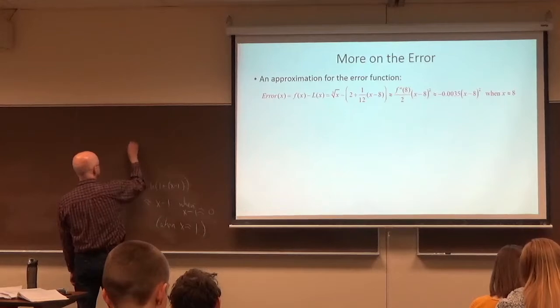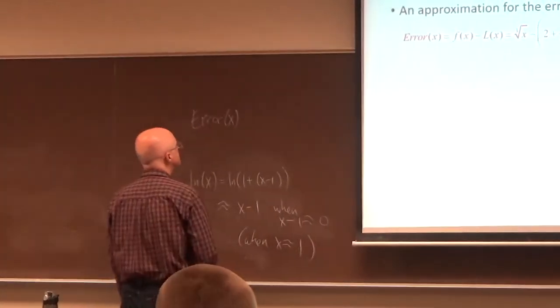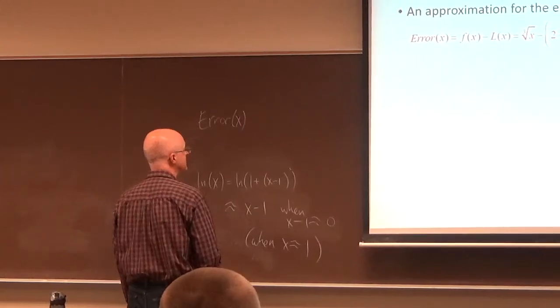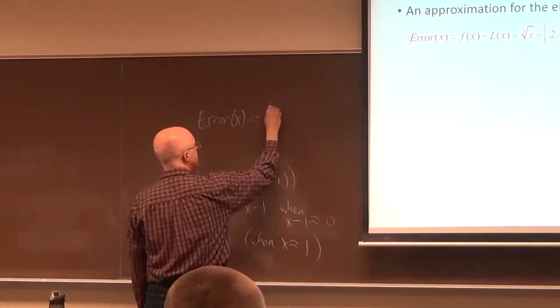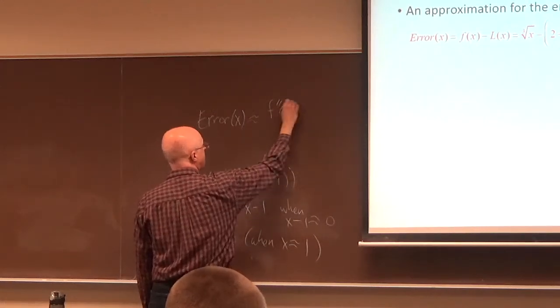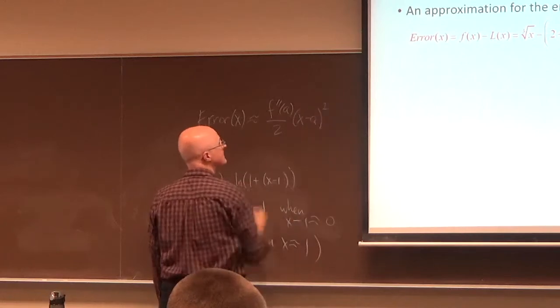The error in using a linearization to approximate a function f of x near some number x equals a is approximately f double prime of a divided by 2 times x minus a quantity squared.